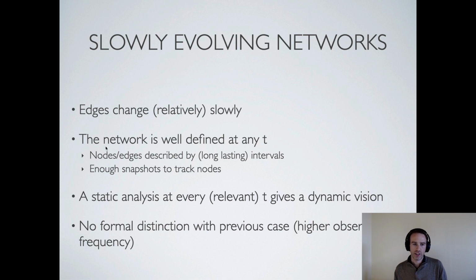Another way to understand this type of network is that it is well defined at any t. So let's say that your network is going from t0 to t1000. If you take t327 and you look at the state of all the nodes and edges that exist at that time, you have a legitimate static network that you can study.